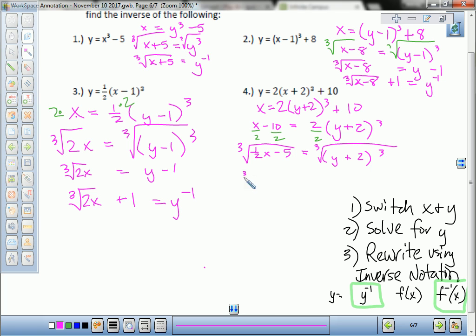And so we get the cube root of 1/2 x minus 5 equals y plus 2, which is the cube root of 1/2 x minus 5 minus 2 is the inverse. Or, like I said, you certainly could have left it this way. The x minus 10 divided by 2 minus 2 equals the inverse.